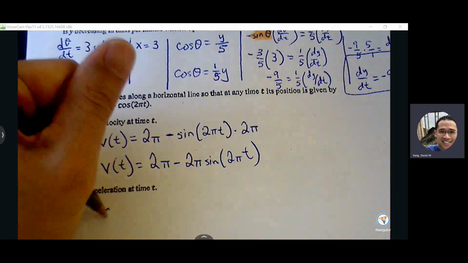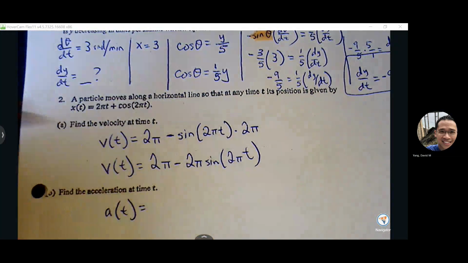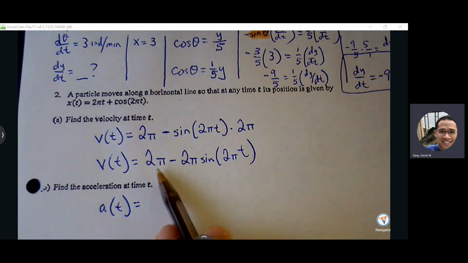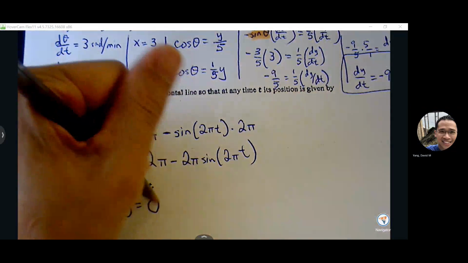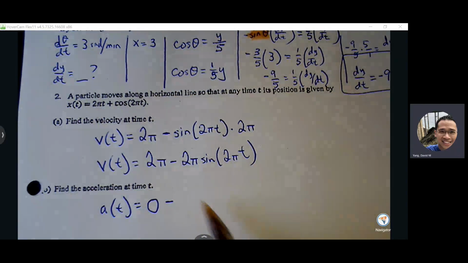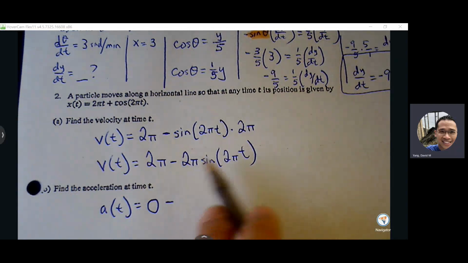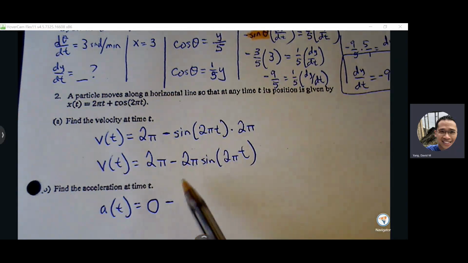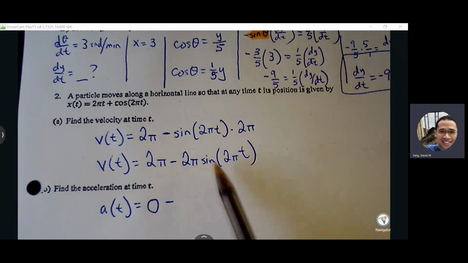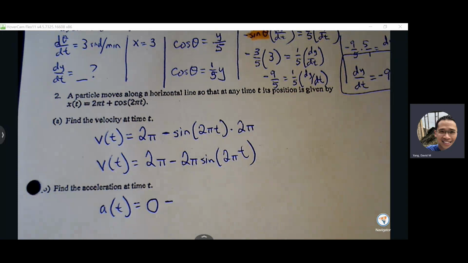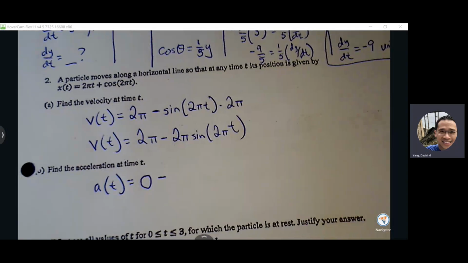Okay, acceleration. 2 pi is a constant, so that's just going to go to 0. 2 pi is just a coefficient. It's just going to hang out in front of sine's derivative. There's no need for product rule here. Pi is not a variable. I mean, we could go through product rule, but it would feel unnecessary and messy.